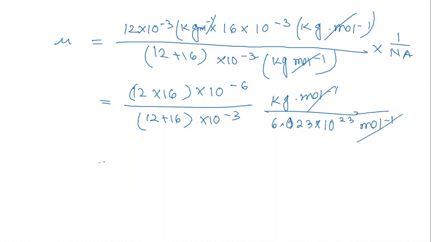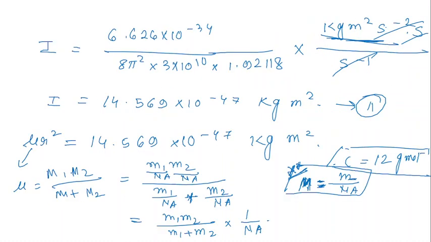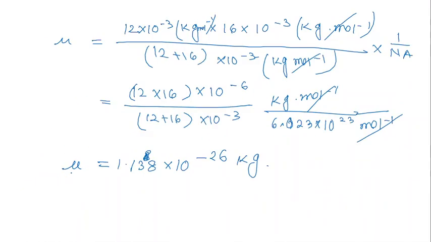Then this value will be, I also did this and I got 10 to the power minus 26 kg. You also do it, because this is cancelled, only kg is left. Please do it yourself, then you can understand better.